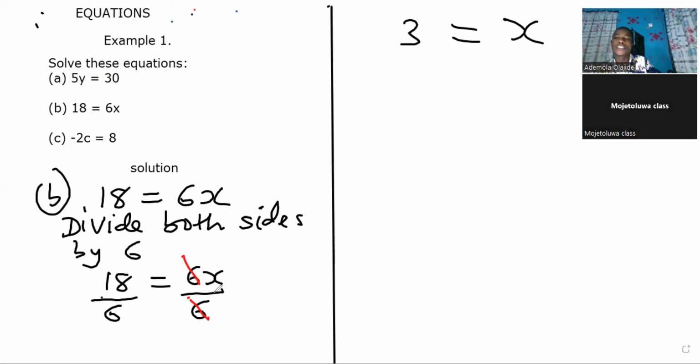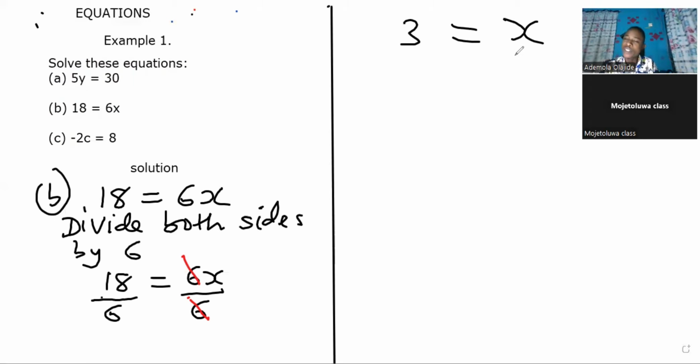And you have just achieved your aim, because you want to isolate the letter x so that it stands alone. But the interpretation is that if 3 equals x, that means x equals 3.